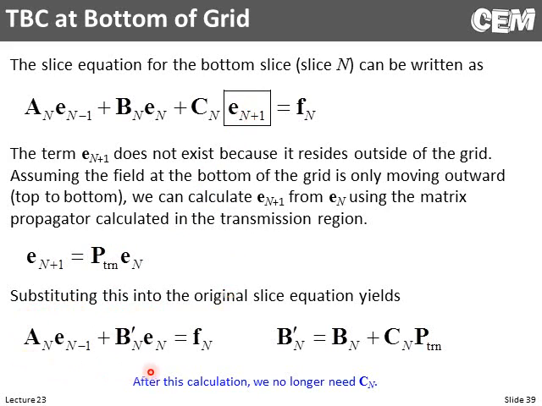We modify our slice equation, and again this transparent boundary condition really just modifies the B matrix of the slice data. We have the old one plus this correction term, Cn times PTRN, which incorporates this transparent boundary condition. Once we've done this, we no longer need the C matrix in the last slice.